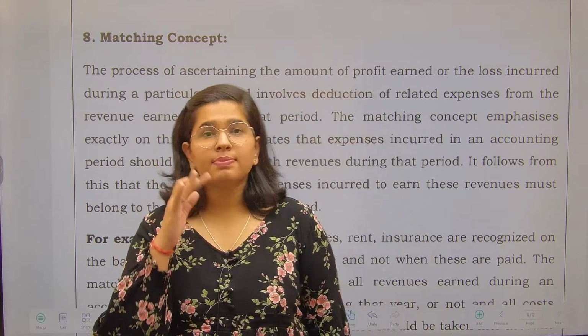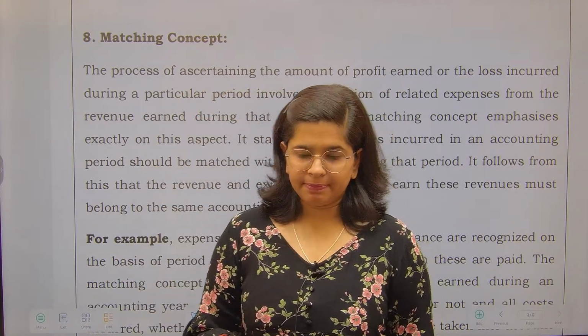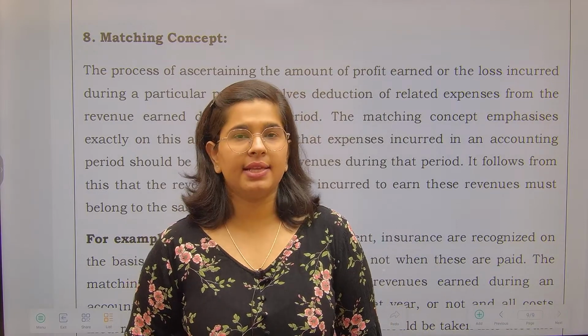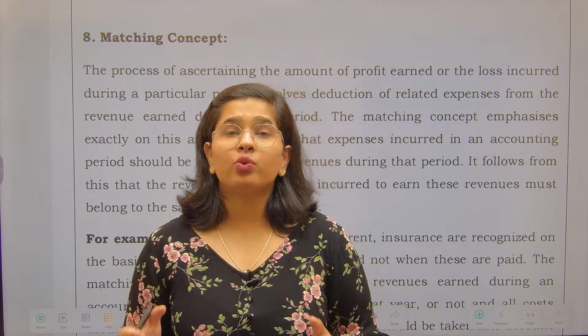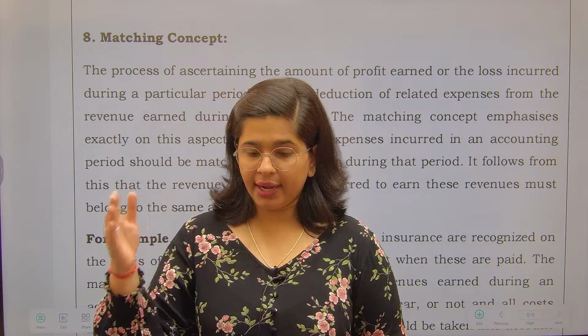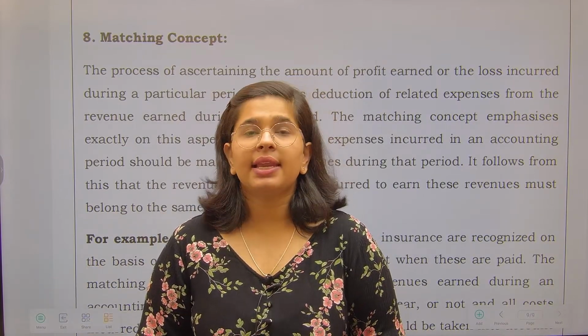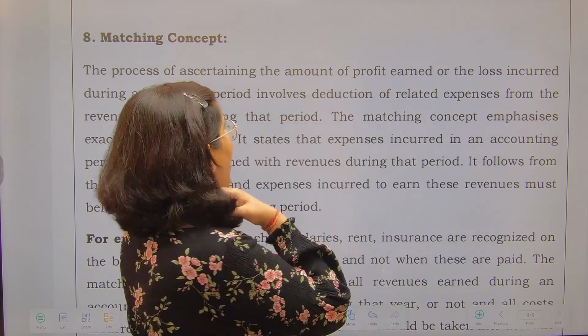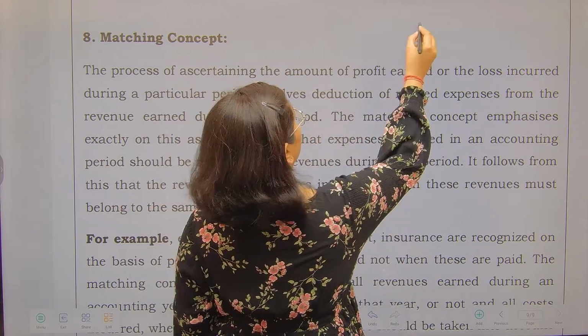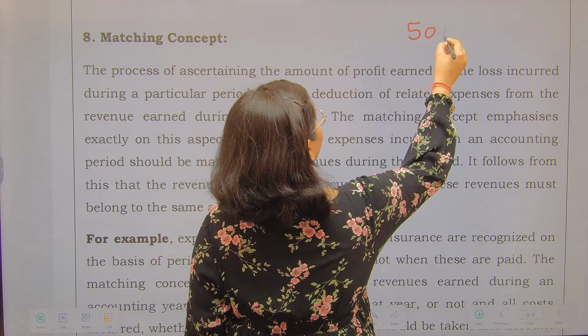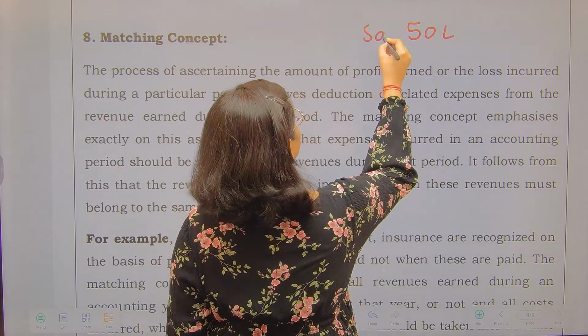Yes. So what does matching concept say to me? Matching concept says that if in an accounting period you have recorded income, suppose I have recorded that yes, in the present accounting period I have recorded 50 lakhs of sales.